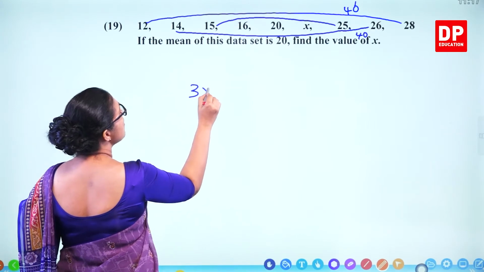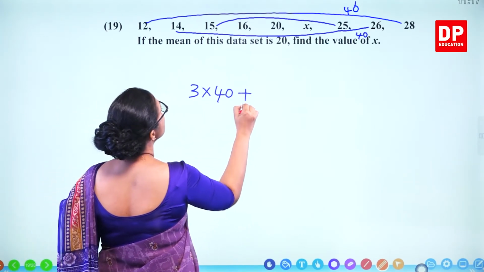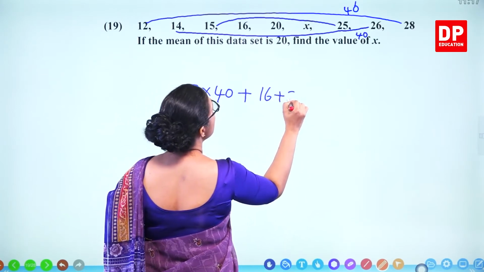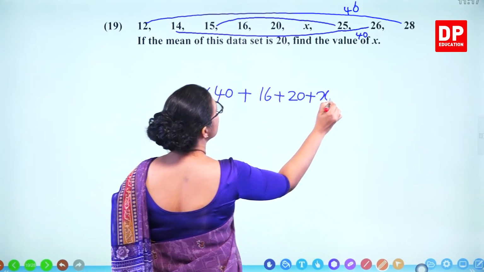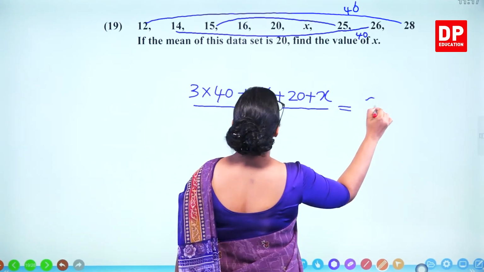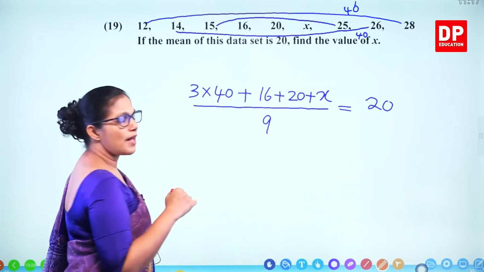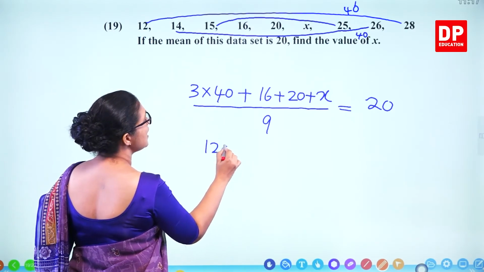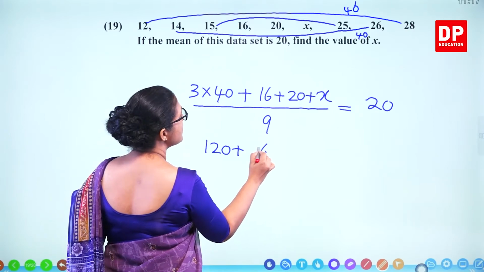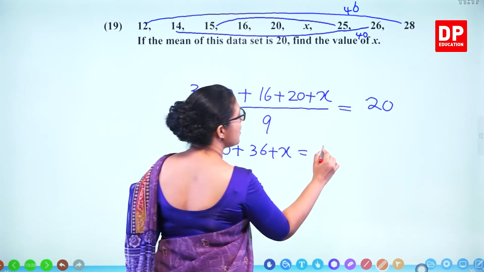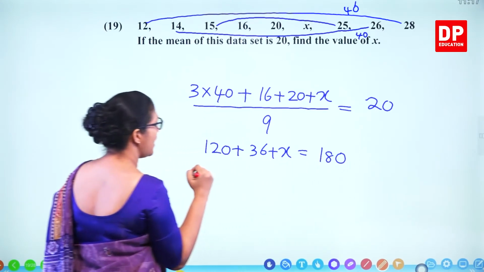So 3 times 40 plus, what are the other numbers? 16 plus 20 plus x, divided by 9. The mean is 20. This is 120 and this one is 36, equal to 9 times 20, 180.